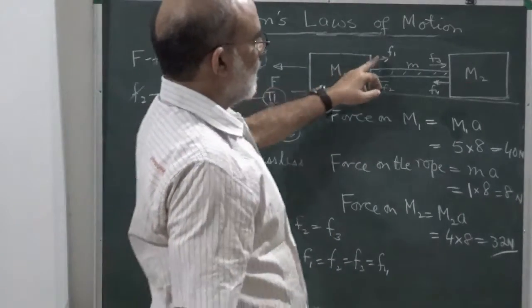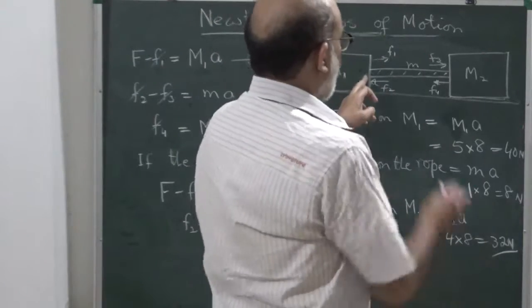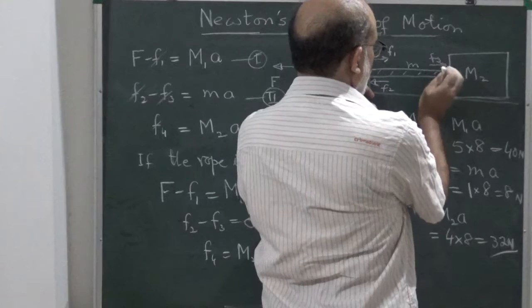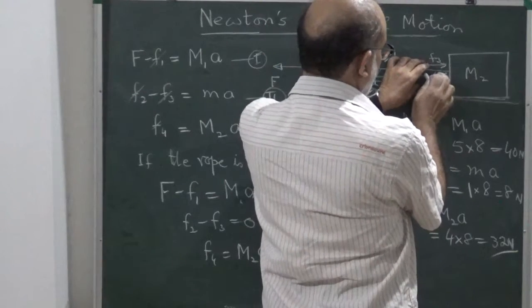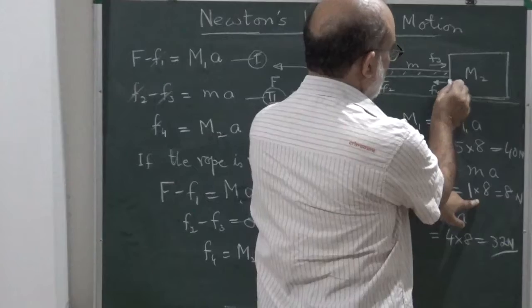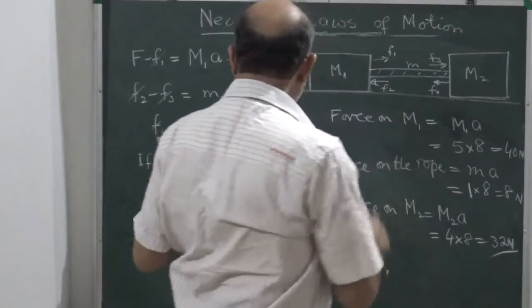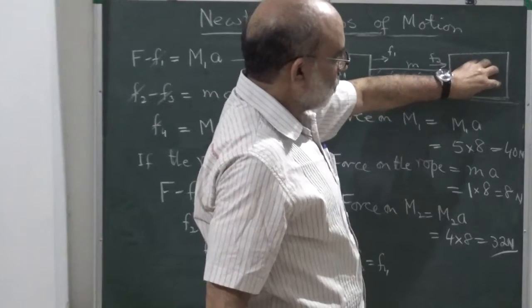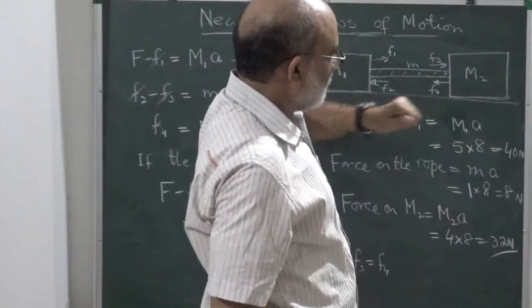So F1 is here 40 Newton. Out of 40, 8 Newton is reserved for the rope. So 32 Newton is left here. So F4 is 32 Newton. 32 Newton is required to accelerate this M2.